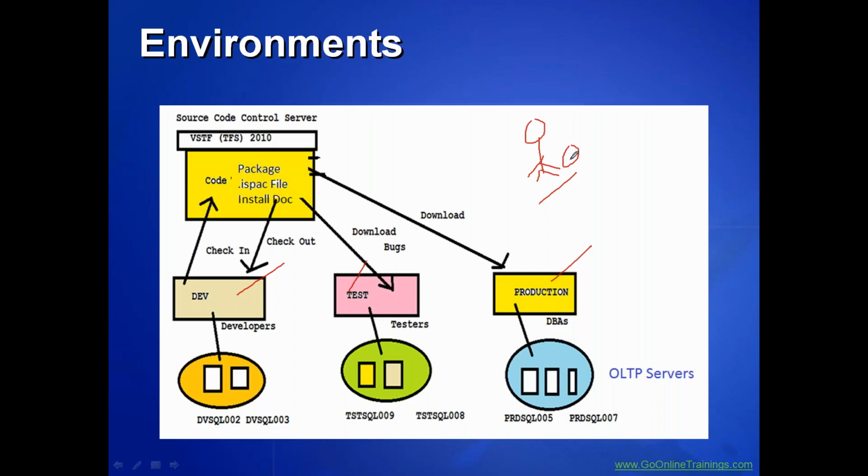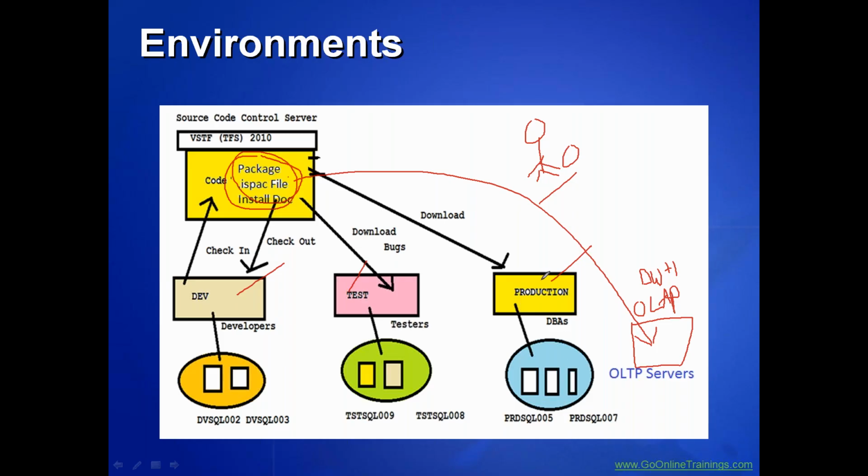On that date, the same packages and code will get installed, but not into OLTP. I told you, in production all your packages will go to OLAP, or we can say data warehousing. Clear? All your packages are going here, not to the OLTPs.